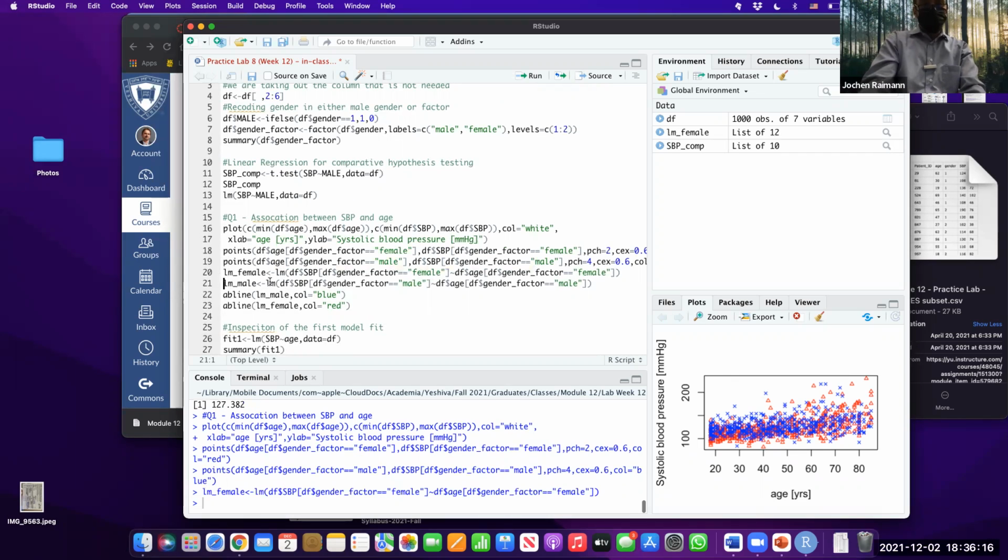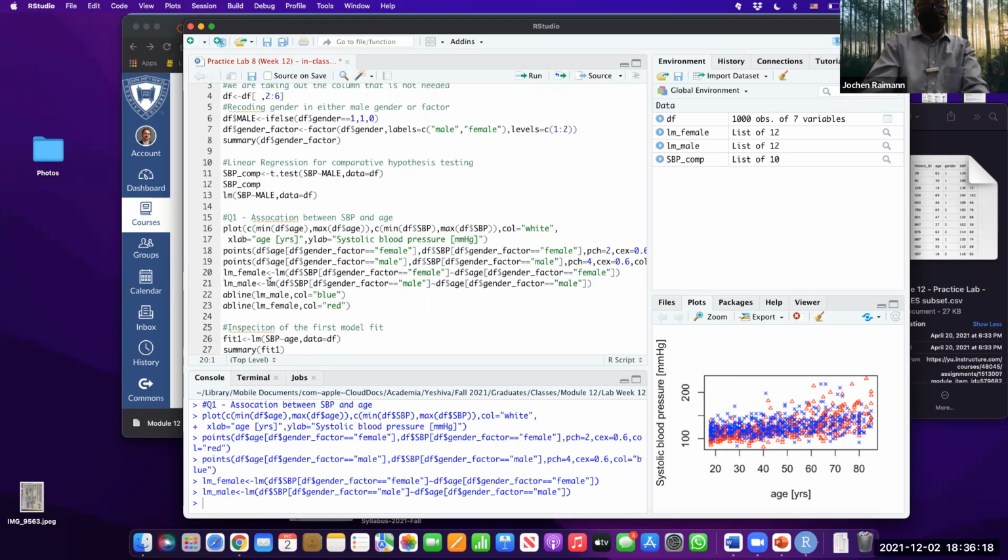So if you're building now the respective linear regression models, so you're building here with LM a regression model that basically is SPP as a function of age, gets you LM female, which is the linear regression only in females.